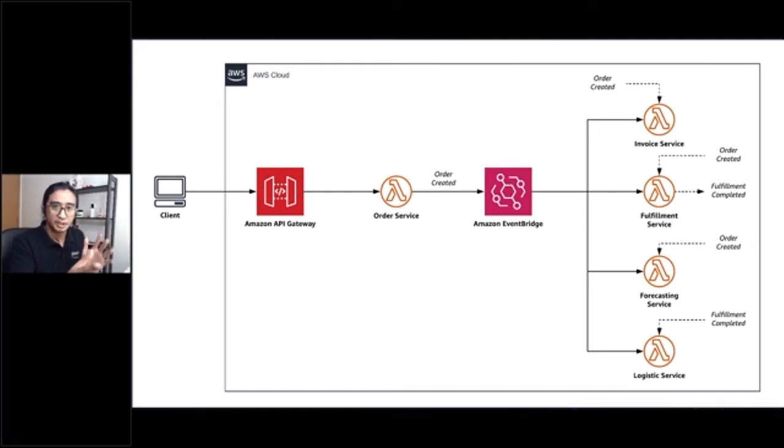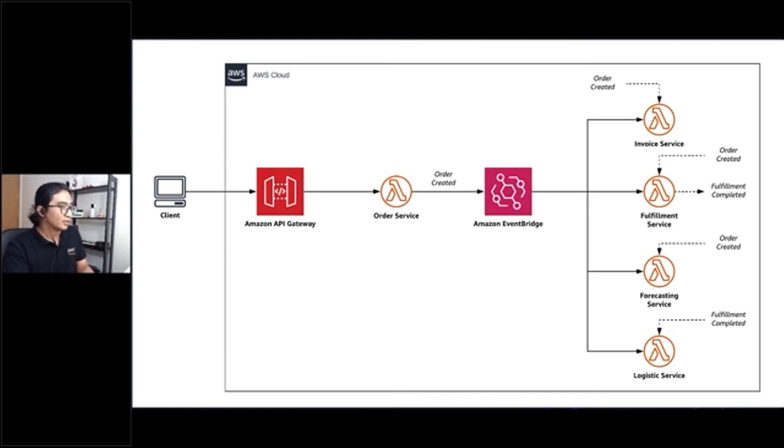Whenever the order service receives a request, it's going to publish an event called order created to EventBridge. Now, EventBridge will then push the event to the respective services which are the targets for that particular event. Furthermore, a few of the services will publish their own events, and EventBridge will handle and push those events to the target services as well.